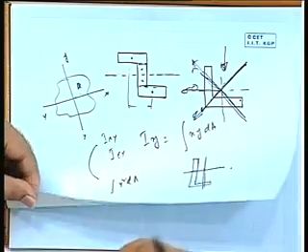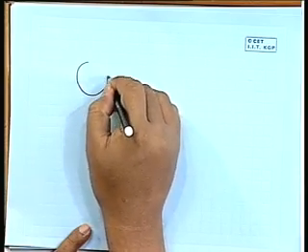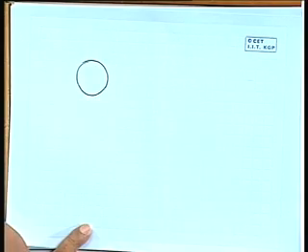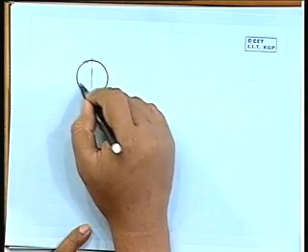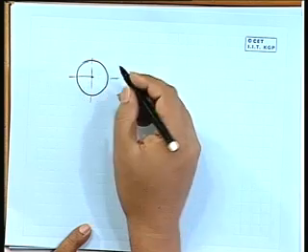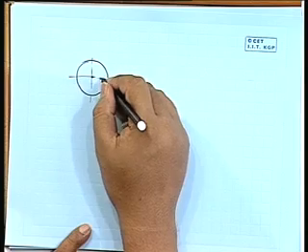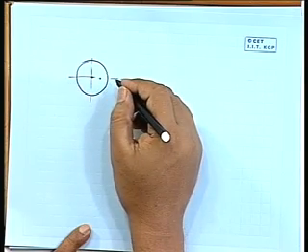Now you must have realized the circular cross section is very beneficial in that sense. If we take a circular cross section, this is the point which is the location of the centroid. If the load is here, it is eccentricity in one direction.